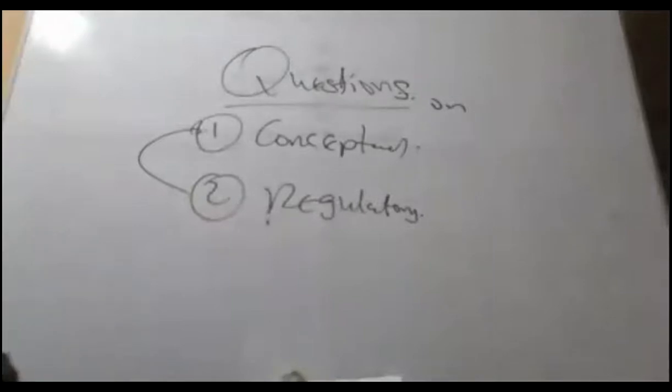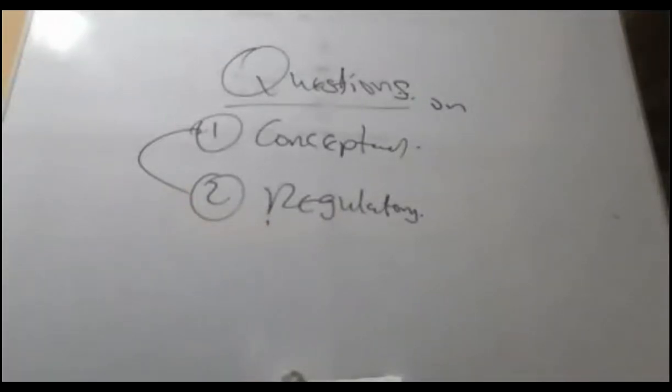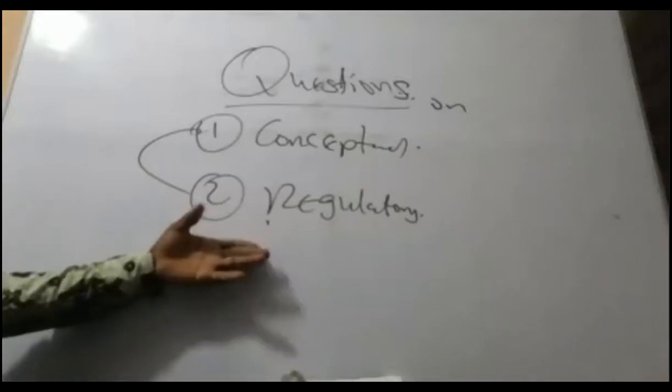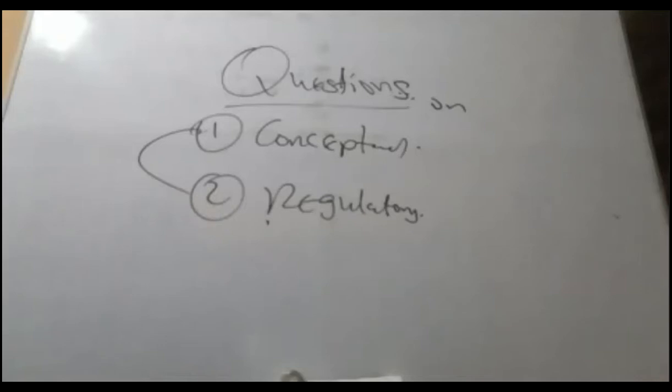The next talks about the regulatory framework. Tell the examiner that this is a set of rules and regulations that guides or binds the financial reporting. And these rules can be local or international. For instance, if you take the regulatory framework of Ghana, we have our Companies Code.